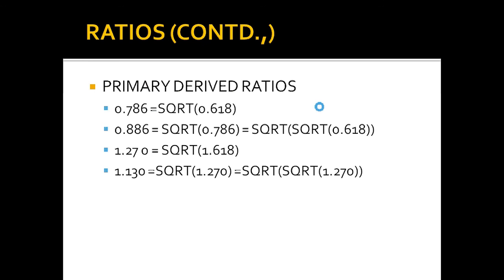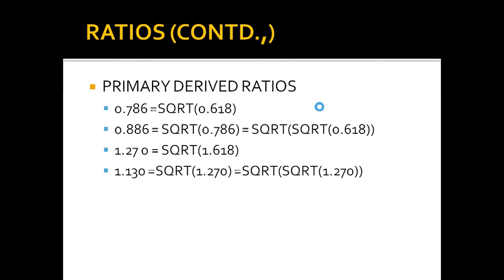And the second is the primary derived ratios. These are the ratios which are derived from the primary ratios, that is, from 1.618 and 0.618. The first ratio is 0.786, which is the square root of 0.618. Then we have 0.886, which is the square root of 0.786. 0.886 is a rare occurrence in the market, but when this happens it has some powerful effects too.